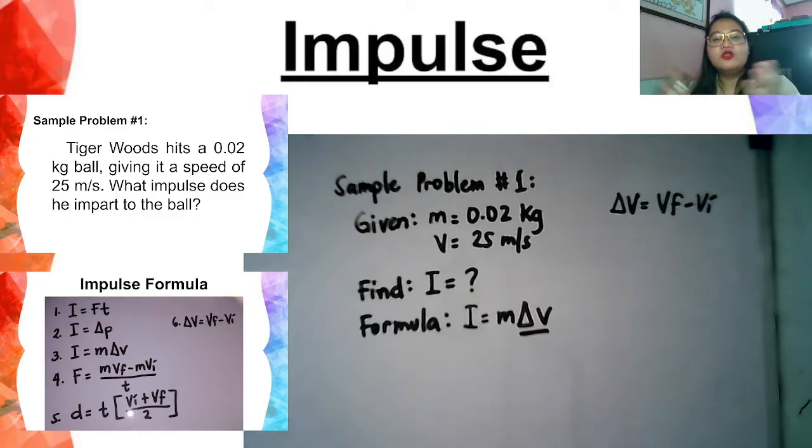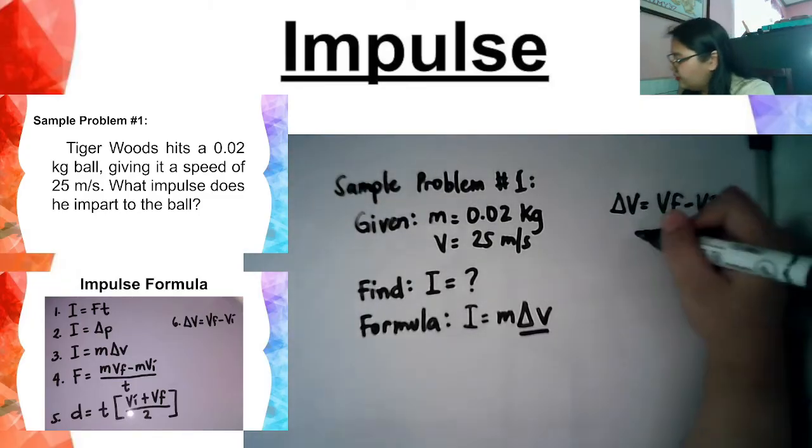Okay? Now, nung hinampas niya ngayon yung bola, nagkaroon ngayon ng speed yung bola. Nagkaroon siya ng velocity. Now, the velocity is 25 meter per second. Therefore, the final velocity in this problem is 25 meter per second. Okay? Nakakasunod po tayo, ha?